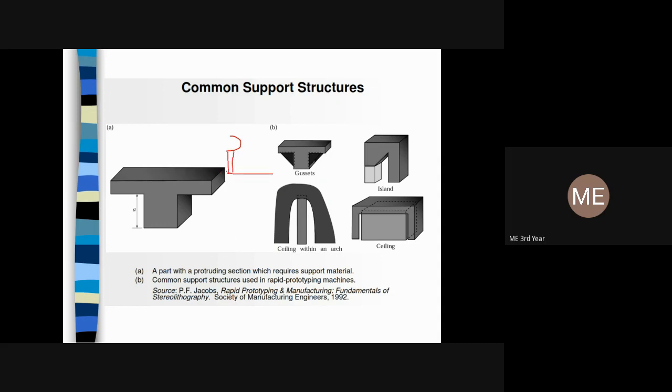When any product has some complex shape above the bottom layer, you have to give this type of structure to support it. Otherwise the material will fall to the bottom by gravitational force, which is not desired. That's why you have to give some common support structure in rapid prototyping techniques.